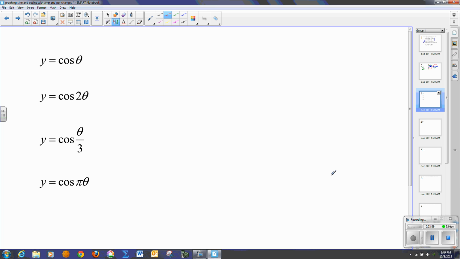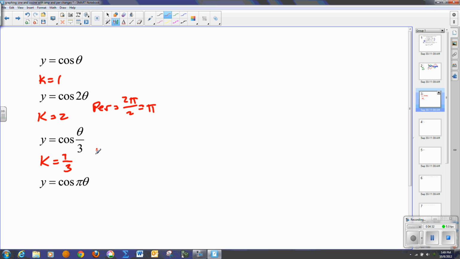Now in this case, what's going to happen is we're going to be messing with the k value, in other words, the period. K in this first term equals 1. Whenever it's 1, there's no change. K in this case is 2. Therefore, if my period is equal to 2 pi over k, then my period is equal to 2 pi over 2, or pi. In this case, k is equal to 1/3.